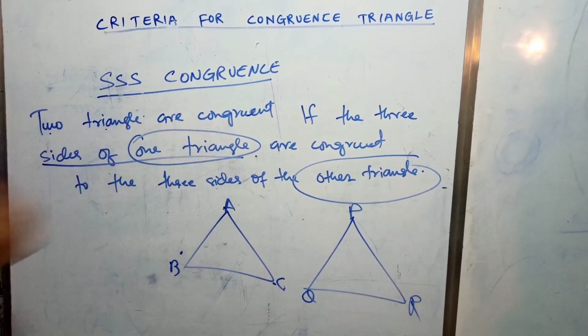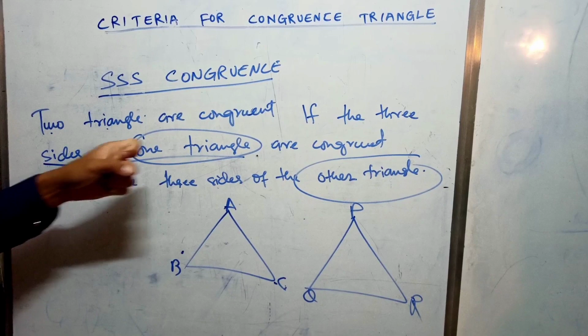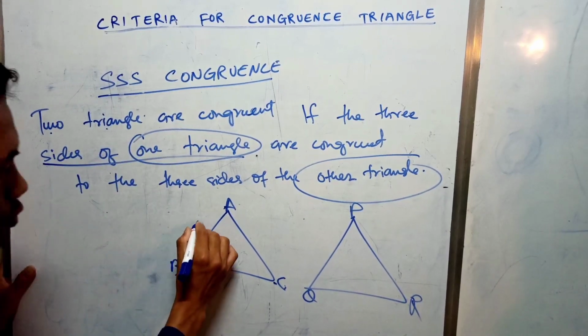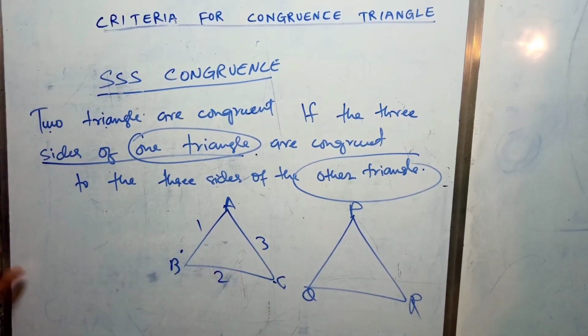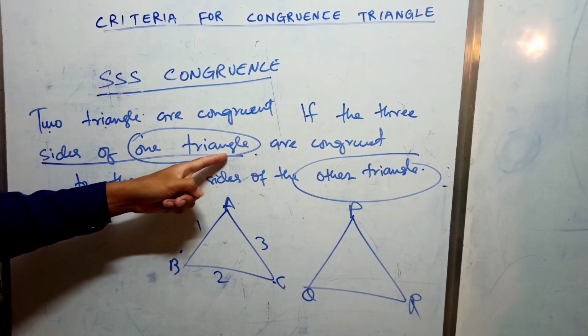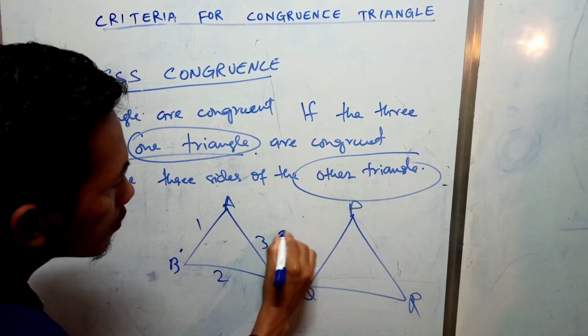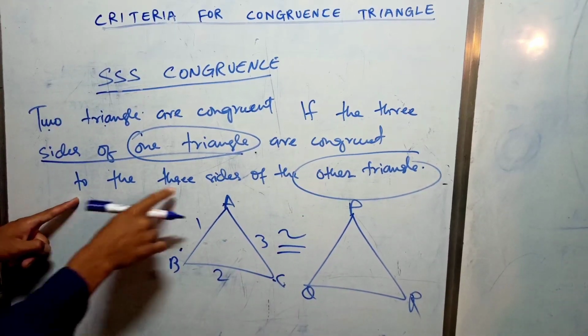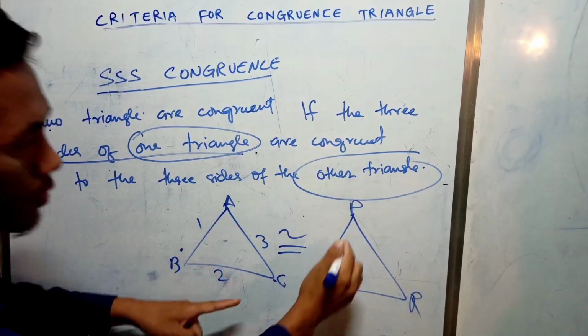Two triangles are congruent if the three sides of one triangle, this is 1, 2, 3, are congruent to the three sides of the other triangle.